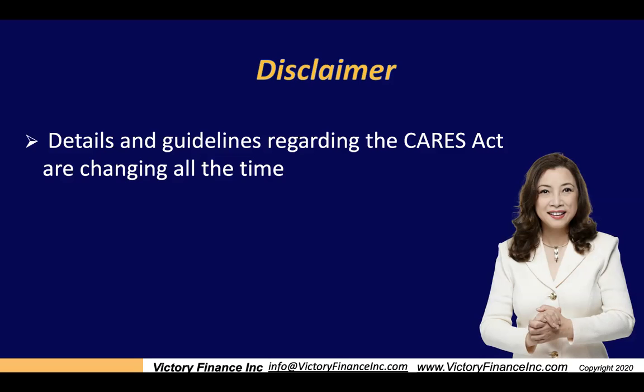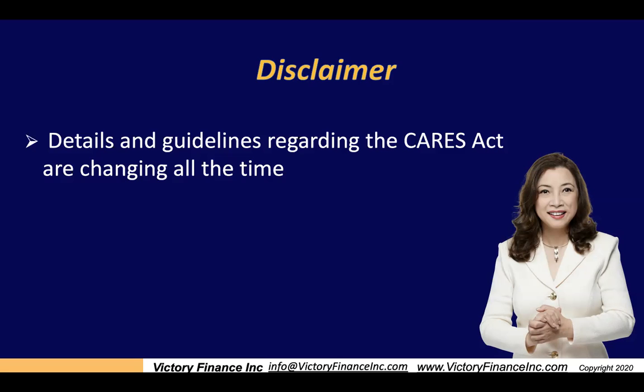So there are a lot of changes in the CARE Act, and I can understand, this is something the government has never done, as SBA has never done, and as they roll out the plan with the best intention, sometimes they realize that there are parts that are not clear or are being misused.